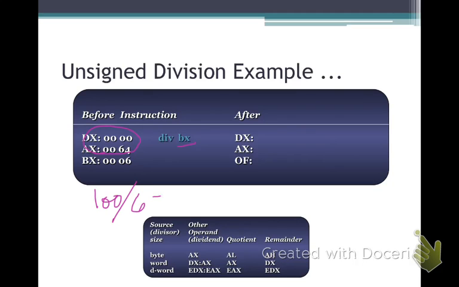So this is exactly what we just used, our example we were just using. So this is going to go in 16 times. 16 times 6 is 96 with a remainder of 4. So my remainder is going to go in the high order portion, and my quotient will go in the low order portion. And again, if I'm asked to report anything on flags, put a question mark. With division, we have no idea what it might end up being.